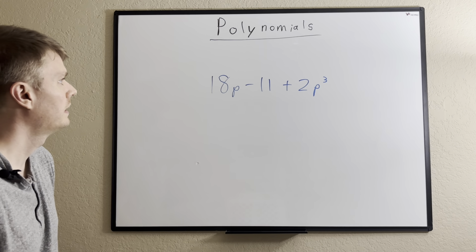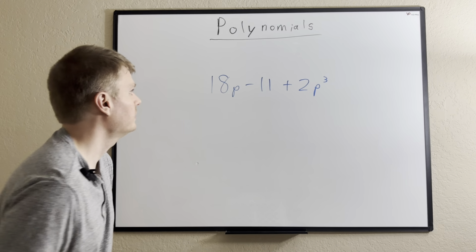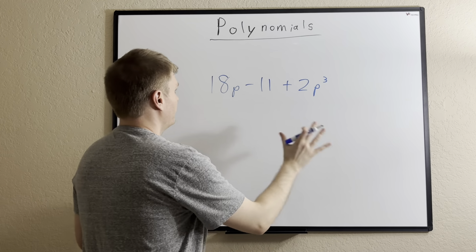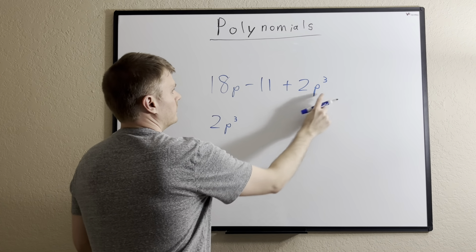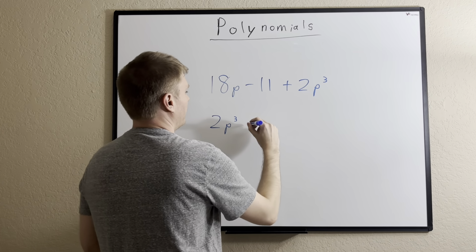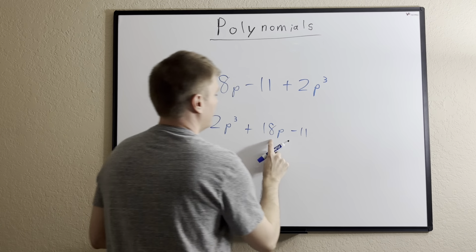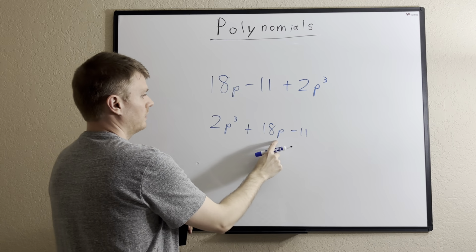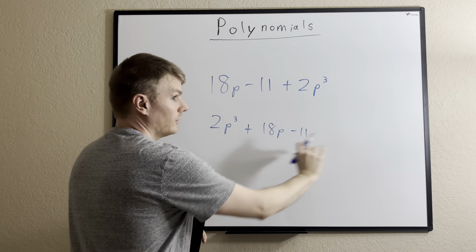So this is probably the easiest math you're ever going to do. Just find the highest power of the variable. The variable in question is p. Write that term first, because it's being raised to the third power. And the second highest power next, and the lowest power, and so on.